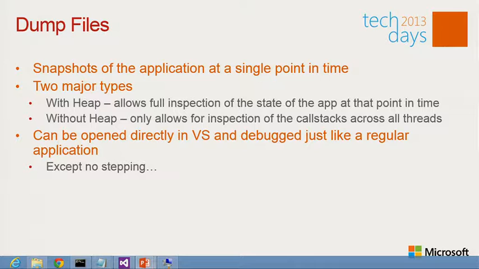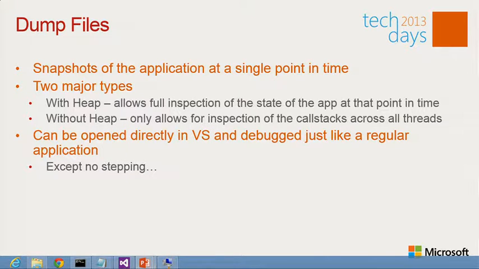There are two major types of dumps. One is with heap, which allows full inspection of the state of the process at that one point in time. And the other is without heap, which is really all you're going to get without heap is you're going to get the call stacks for all of the threads.